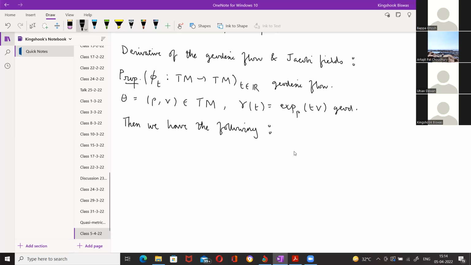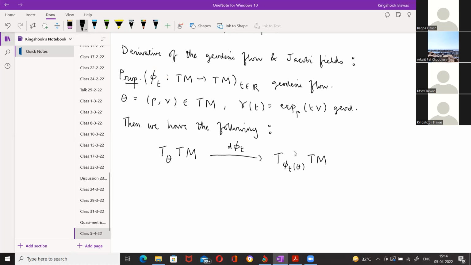So its differential will map the tangent space T_theta TM to T_{phi_t(theta)} TM. So d phi_t will map T_theta TM to T_{phi_t(theta)} TM.